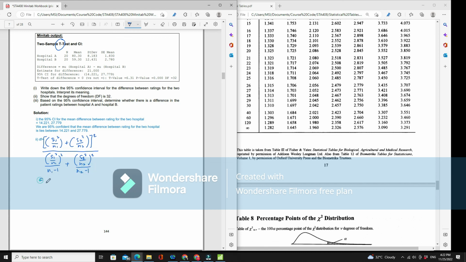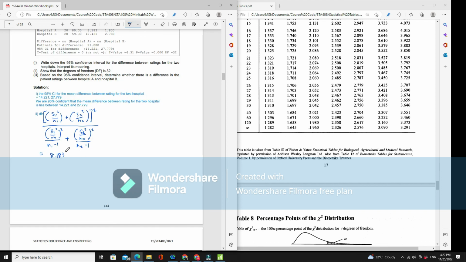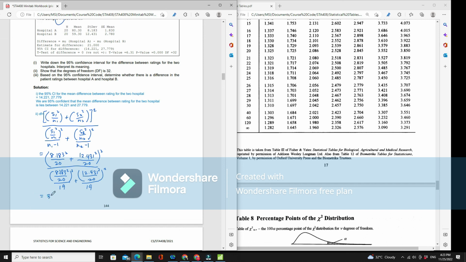Right, so substitute the values. So standard deviation 8.183 squared over 20 plus 12.431 squared over 20, all squared, over 8.183 squared over 20 squared over 19 plus 12.431 squared over 20 squared over 19. So calculate, you will get 32.